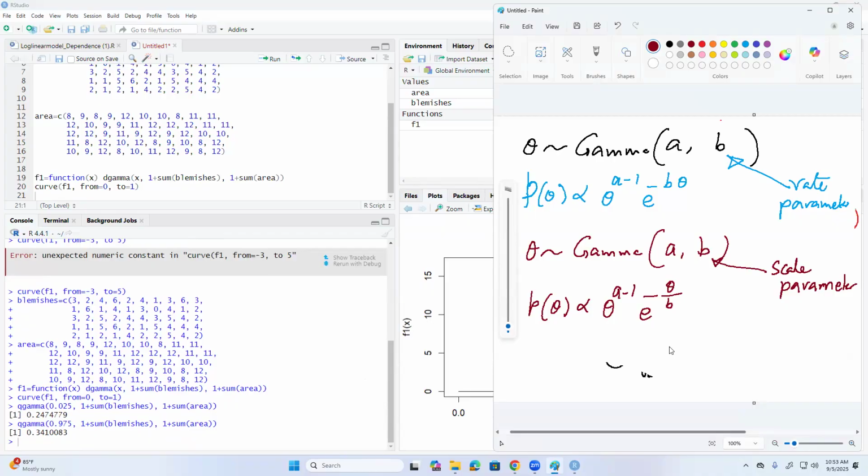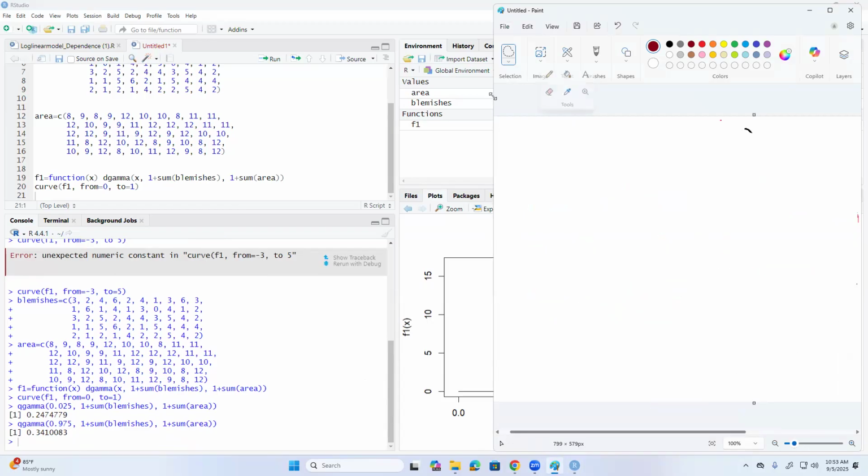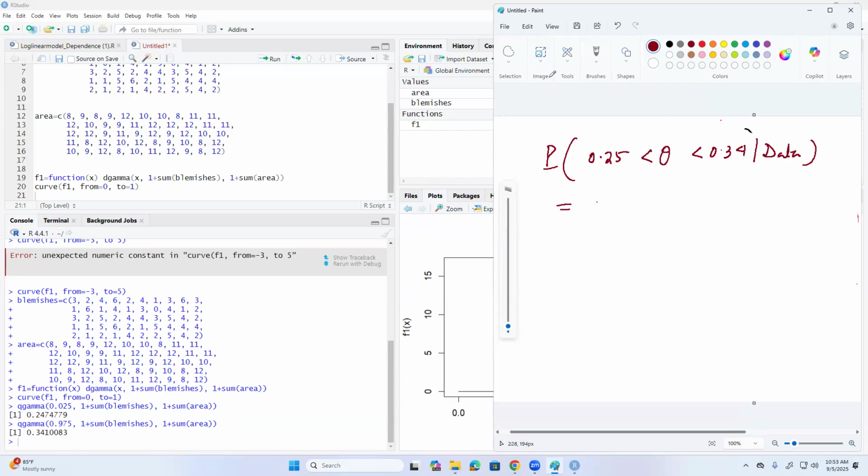The interpretation of these values is the following. The probability that theta lies between 0.25 and 0.34 given data, the posterior probability that theta lies between 0.25 and 0.34, is equal to 0.95.